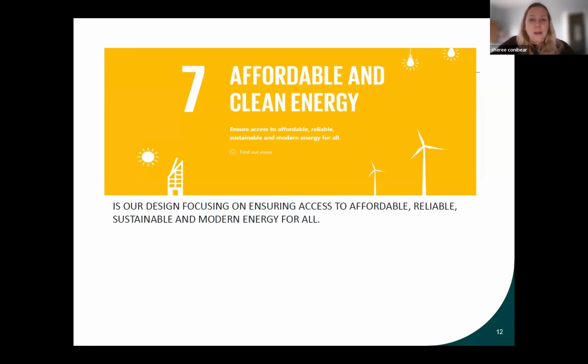Those who can't afford are people who are left behind. So some of our projects, we work in schools as well to provide cooking. So that's also food, and that's also education. And so all of the SDGs are interlinked. So think about these SDGs, and it's good to have in your concept note a few lines on your SDGs and the research that you've done around that.